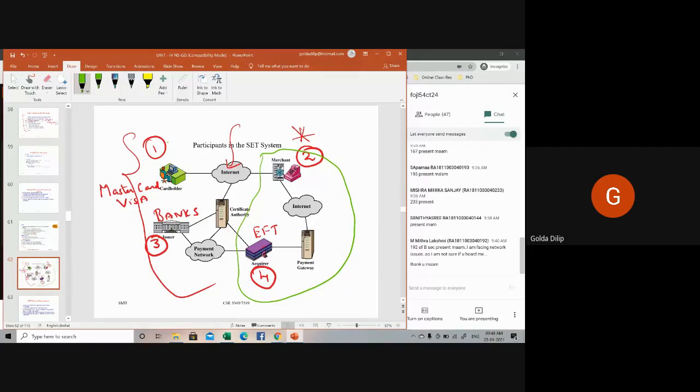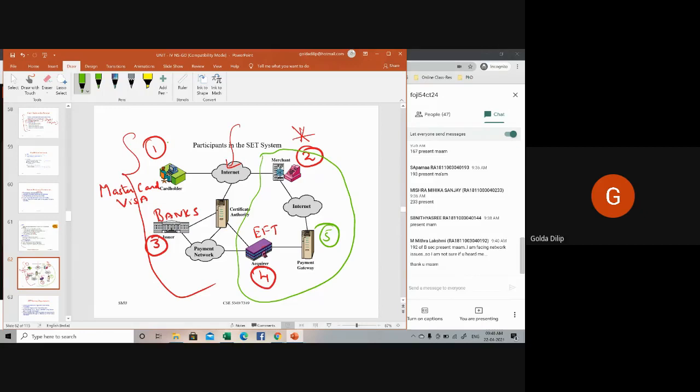Then of course you have your payment gateway. The fifth component is your payment gateway. What is this payment gateway? The payment gateway acts as an interface between the secure electronic transactions and the existing card payment networks.